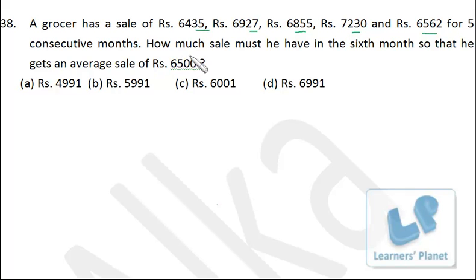In the first case the deviation is negative. So 6435, the difference is 65 and that is negative. Then 6927, here the deviation is positive and it is 427. Plus 6855, against 6500, deviation is positive, so it is 355.